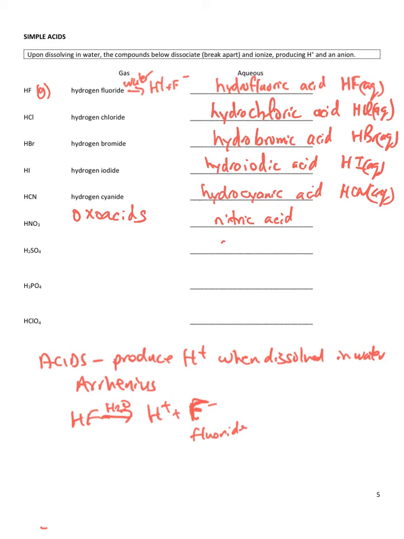H2SO4 is sulfuric acid. H3PO4 is going to be phosphoric acid. And HClO4 is perchloric acid. And so this is how we've gone about naming some simple acids.